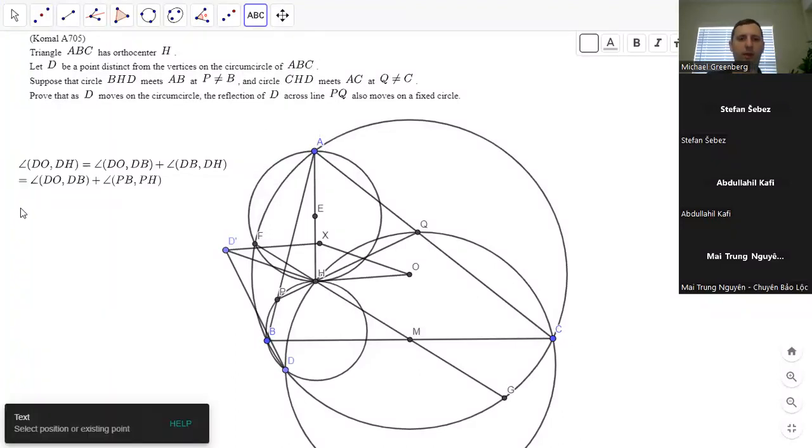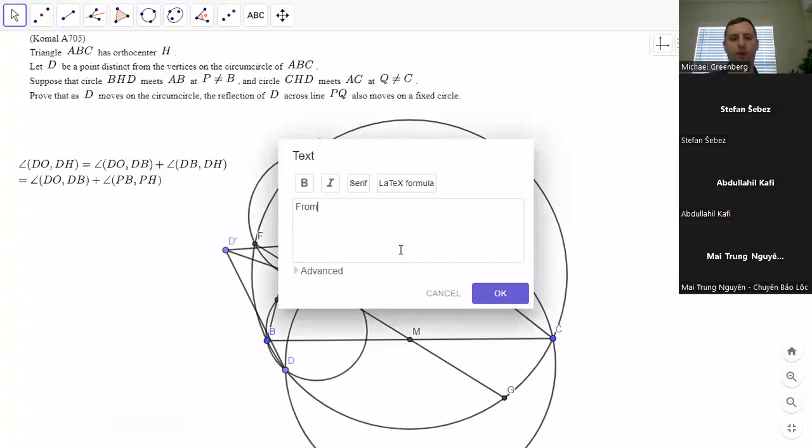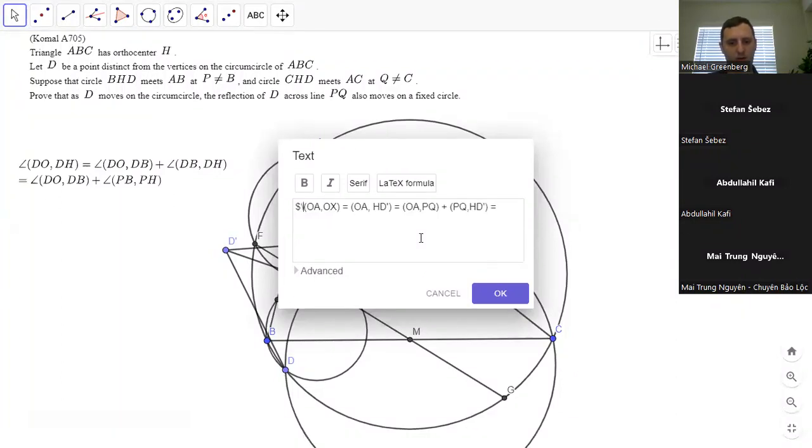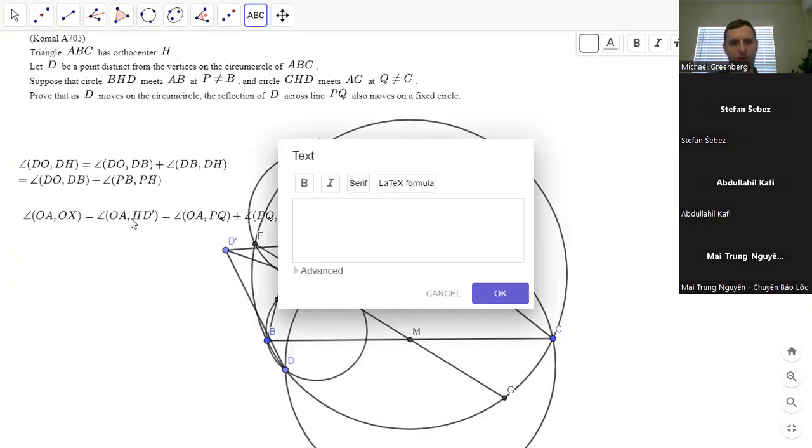Okay. So let's assume that's true. I could type it up better later. From here it follows. Okay. All right. We split it up.